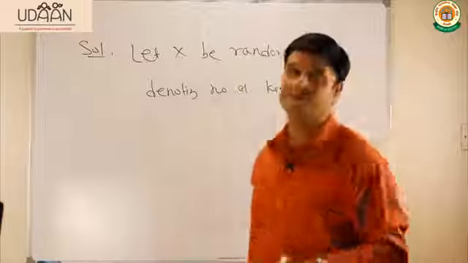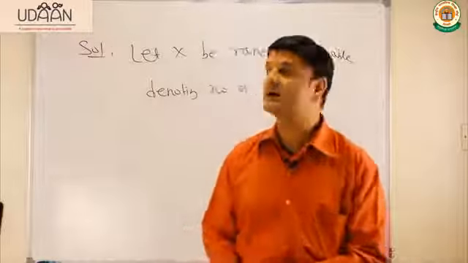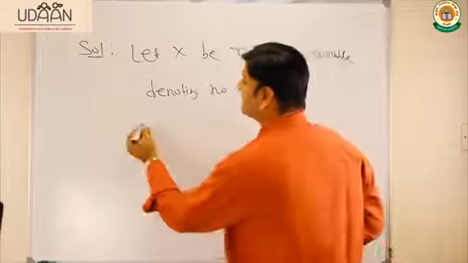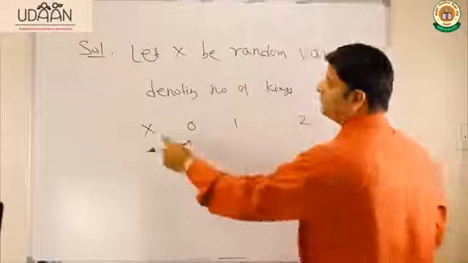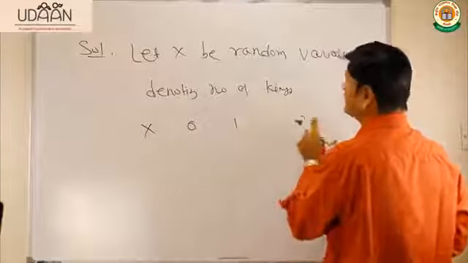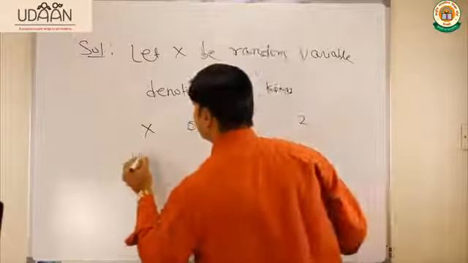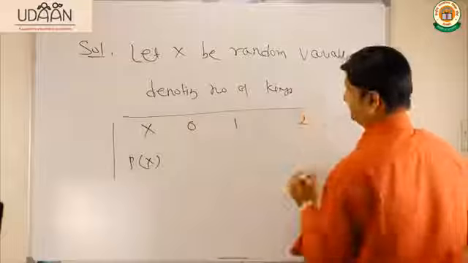Now students, think: if you draw two cards from the pack, then your number of kings can be either 0, or 1, or 2. So I can say the random variable will have values 0, 1 and 2. And now we have to calculate the probability corresponding to each of them.